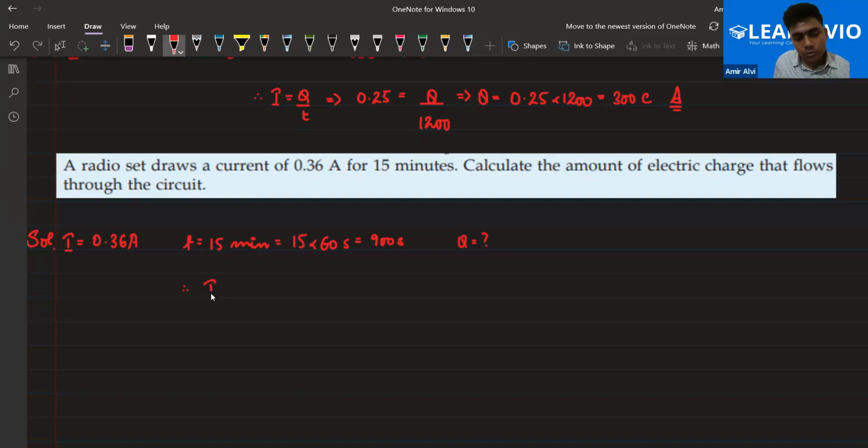Simply I is equal to Q by T, so Q is equal to I into T. Is that clear, everyone? So I is 0.36 into 900 coulomb, which comes out to be 324 coulomb of charge. Is that clear to all of you?